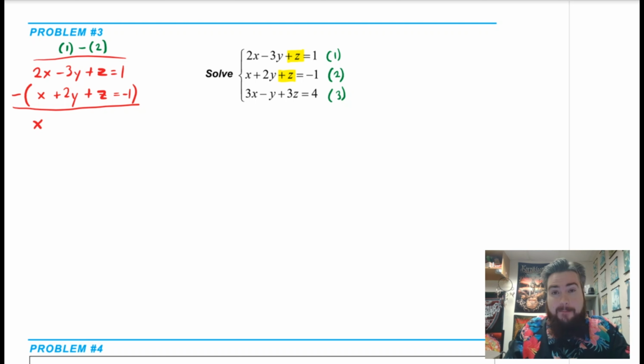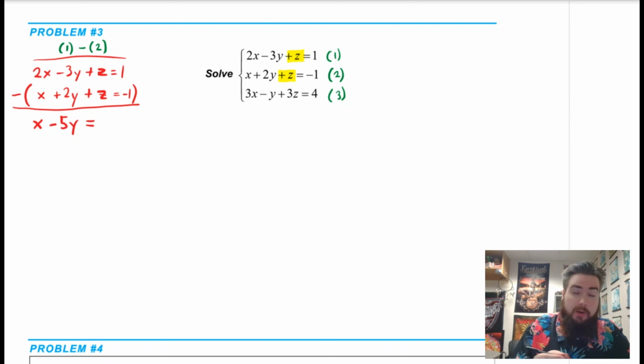Negative 3y minus 2y will give me negative 5y. And then the z minus z will cancel, leaving the constant term on the right. 1 minus negative 1 is 1 plus 1, or 2. I'm going to call this new equation equation 4.